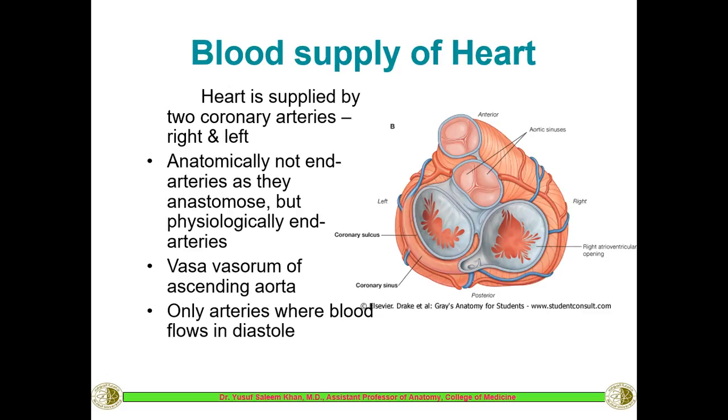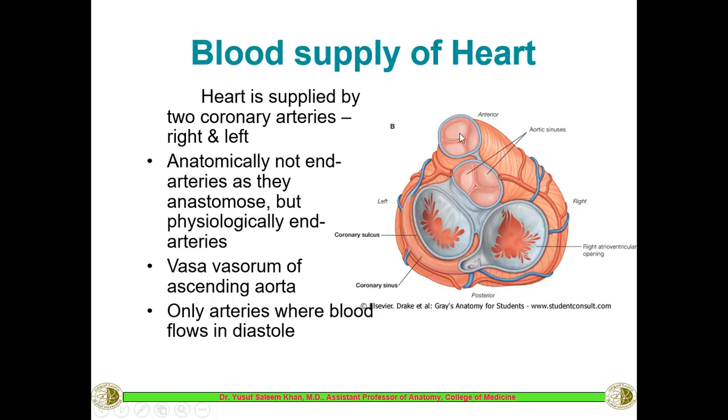There are two coronary arteries, the right and the left coronary artery. If you can see here, this is the picture showing the two arteries. This is the section taken at the level just above the semilunar valves of the aorta, as well as the semilunar valves of the pulmonary trunk.